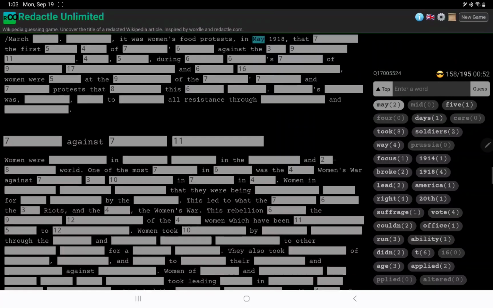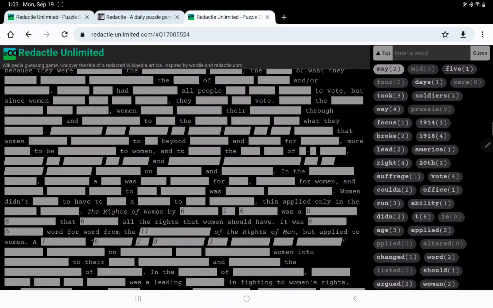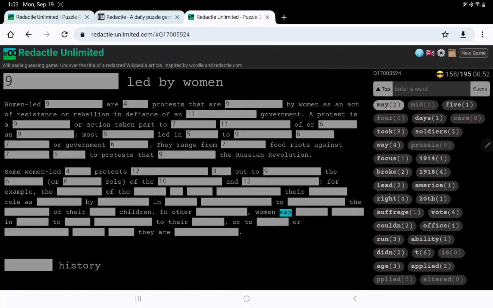Well, this is all very interesting, but I feel like I need to just go back up to the top and try and find this mysterious 9-letter word that is probably a synonym of protests. Not revolts, rebellions.